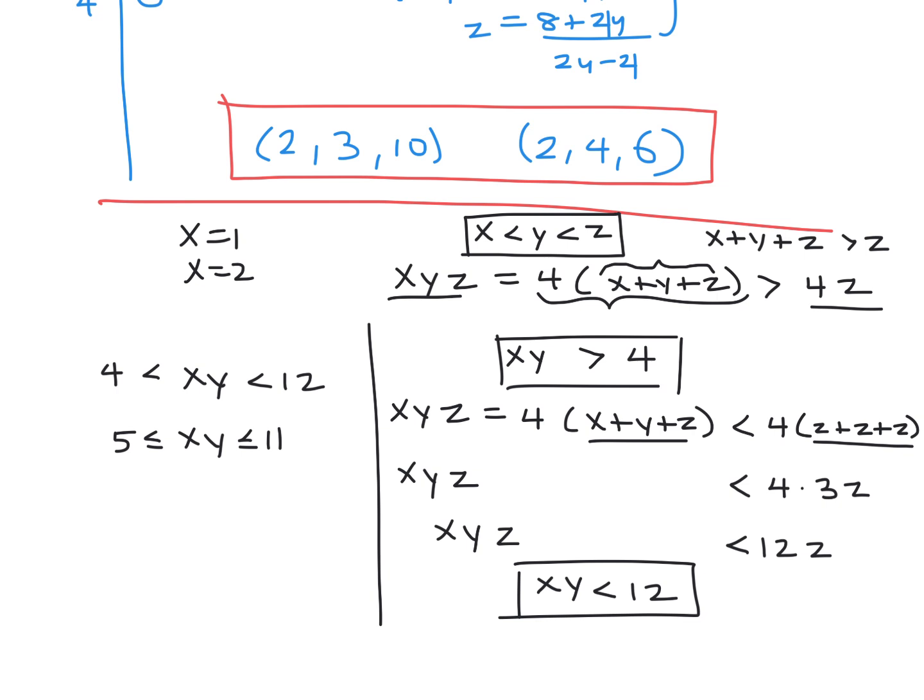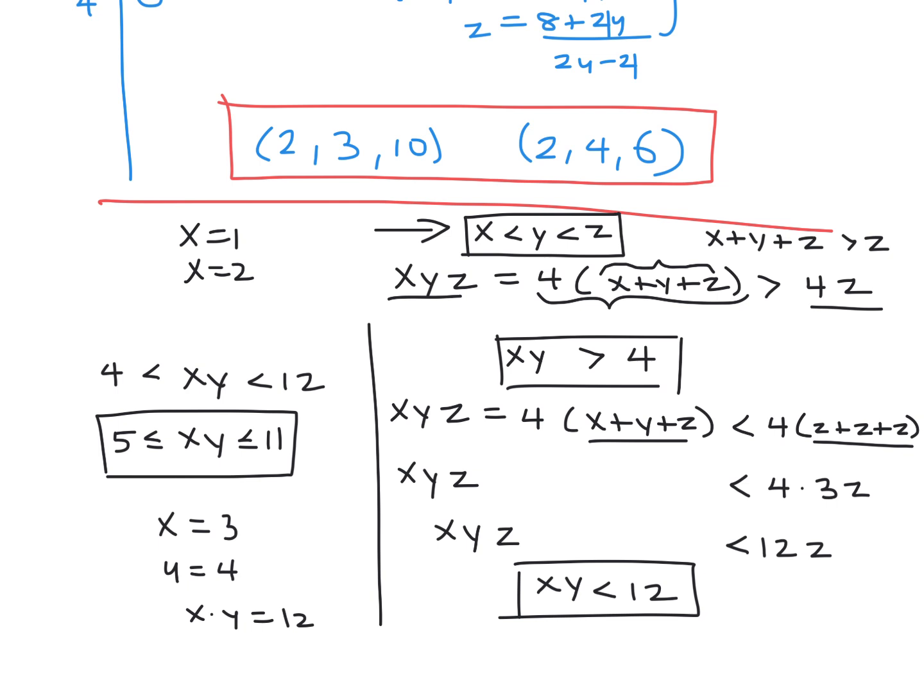So that's why I don't think x could ever be 3 or more, because if x is 3, then if we abide by this, y has to be at least 4, right? And that means x times y is 12, and that's impossible since we have to remain in that range. And similarly, if x is 4, y would have to be at least 5 to abide by this guy, and therefore xy would be 20, and again that falls outside of that range.